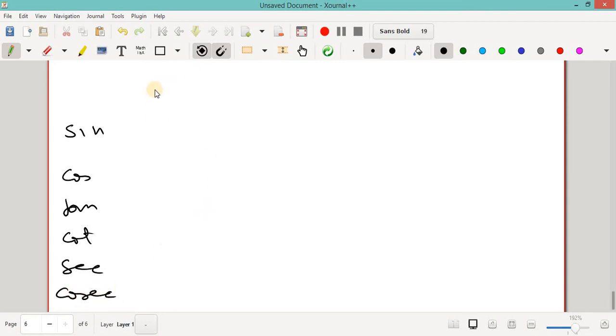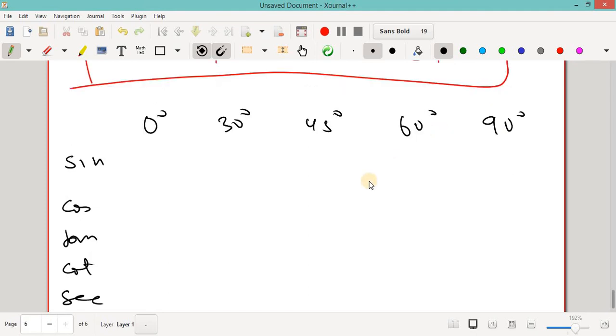Now there are 0 degree, 30 degree, 45 degree, 60 degree, 90 degree. In grade 10 we have to learn these angles. Now how to derive the values in your own way. Now students, remember one thing.